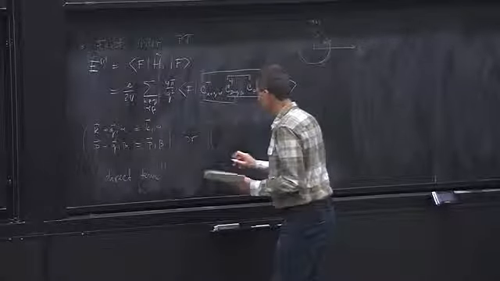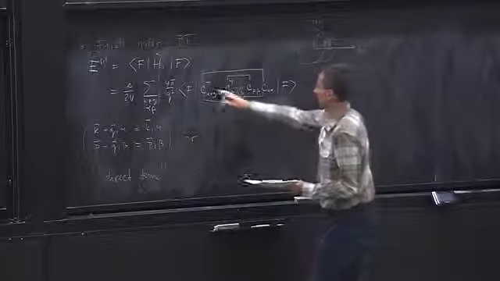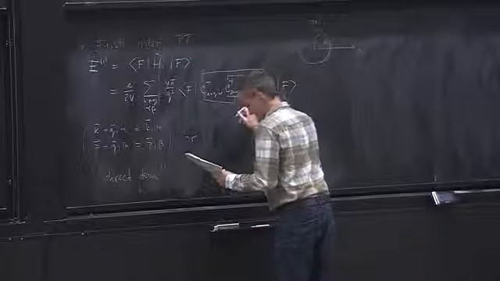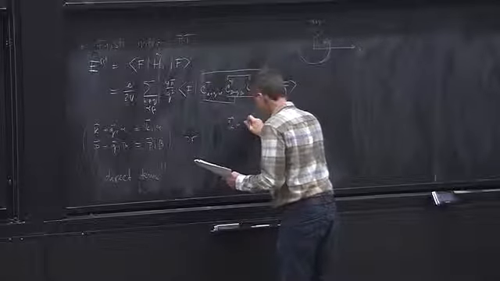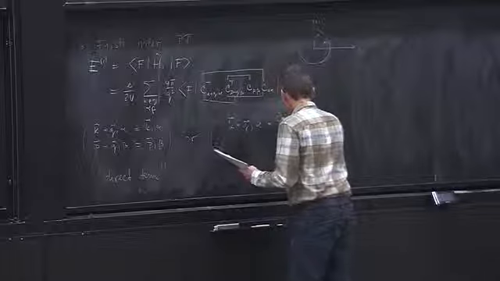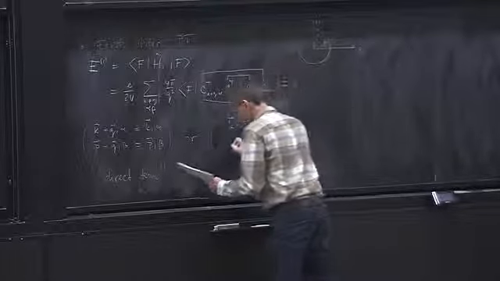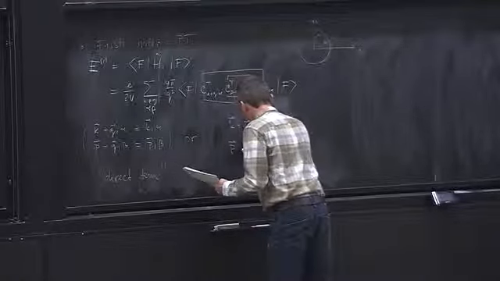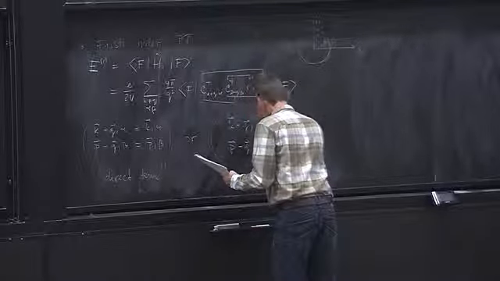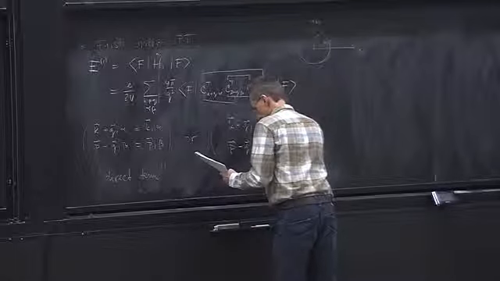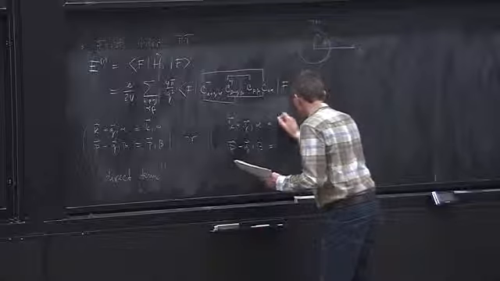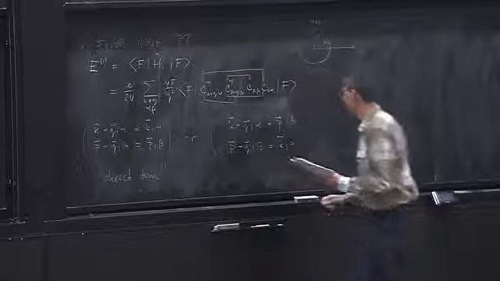Or this can be non-zero when this possibility indicated down here is satisfied, namely when K plus Q, alpha is equal to P, beta, and P minus Q, beta is equal to K, alpha.